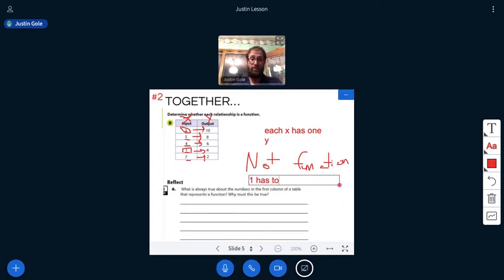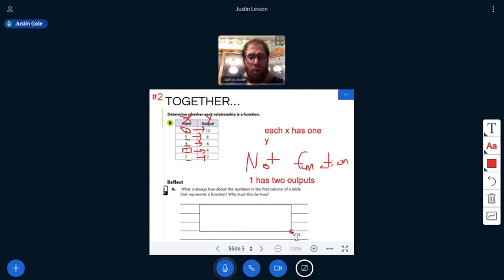1 has 2 outputs. So what's true about the numbers in the first column of a table that represents a function? Take a second and think. What's true about the numbers in the input side here? What statement can we make about those? Pause, take a second to think. I'm going to stretch my old man's shoulders out.